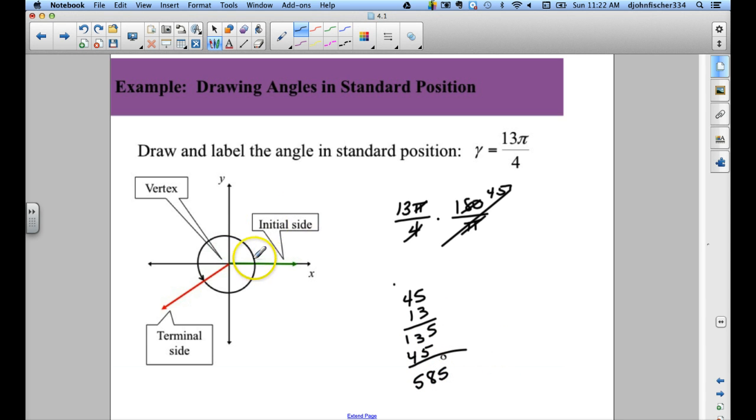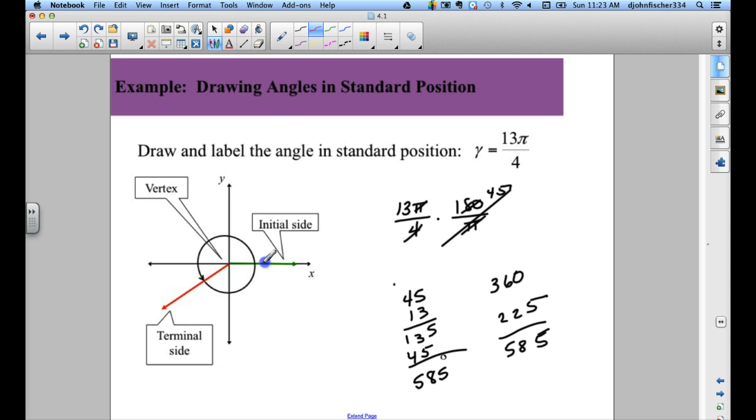Okay, so what 585 means is it's going to go all the way around. That's 360, one way around the circle. Now if I add on another 225, I would get the 585, right? So what we have here is, I'm just going to draw a different circle here, draw a different line.